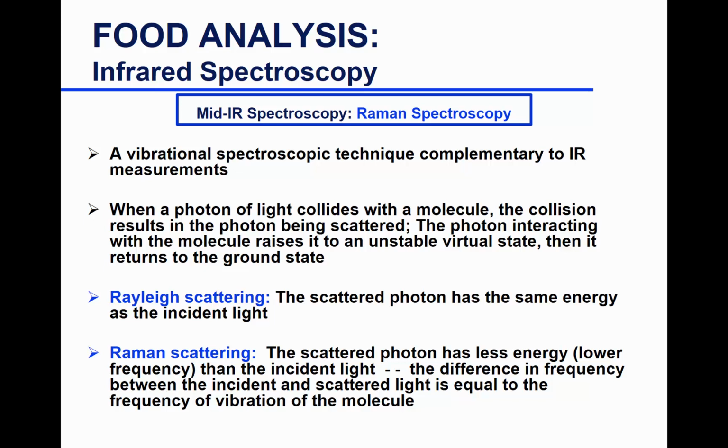The energy of the scattered photon is the same as the energy that hit that molecule. Whereas in Raman scattering, the photon hits the molecule, part of this energy gets absorbed, and the remaining energy is scattered. So that means that the scattered photon carries information about the molecule that scattered that light.